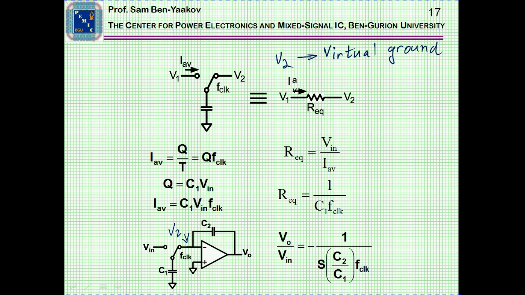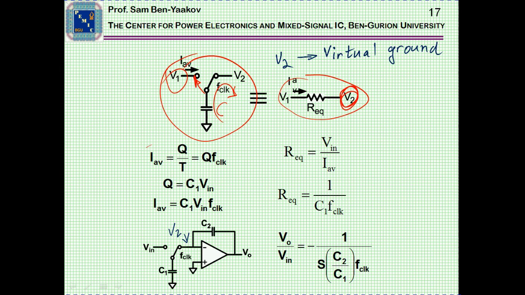We can calculate the equivalent resistor which represents this particular switching circuit. Remember that here we have virtual ground. Now the calculation is based on the fact that we are charging the capacitor here to the input and then dumping it into the virtual zero, or the input of the operational amplifier.